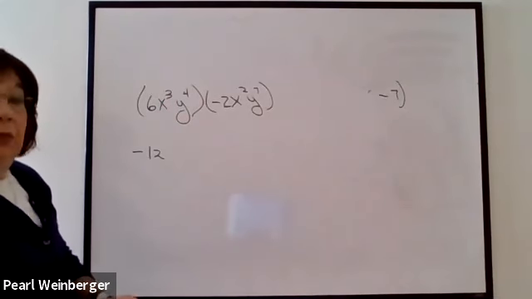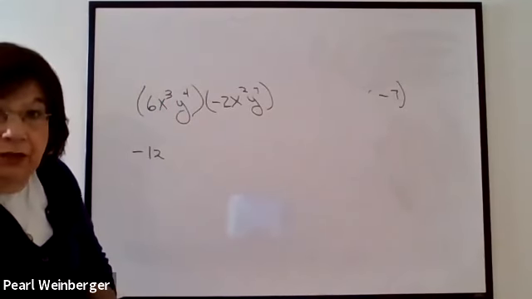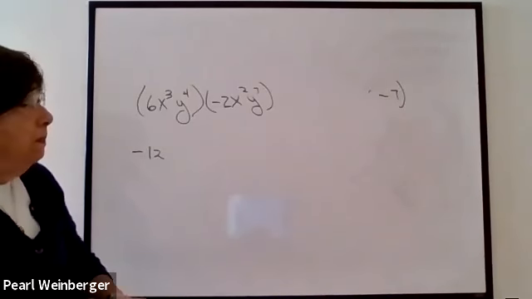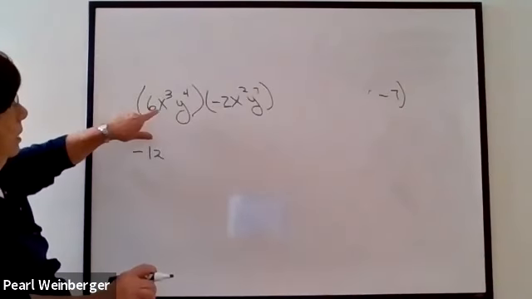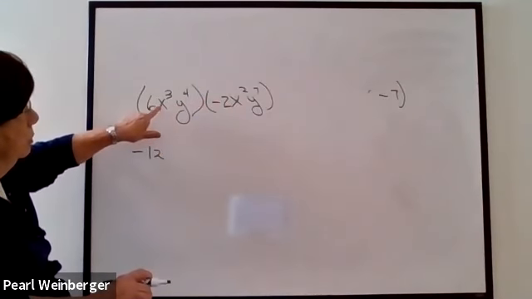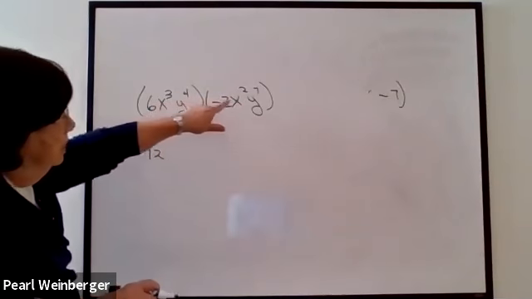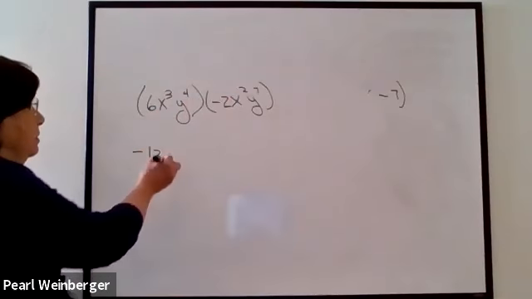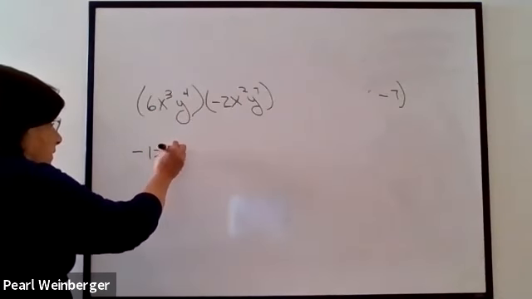And then we multiply the letters together. We multiply the letters by adding the exponents. So if we have an x to the third times an x squared, we add the 3 and the 2, and that gives us x to the fifth.